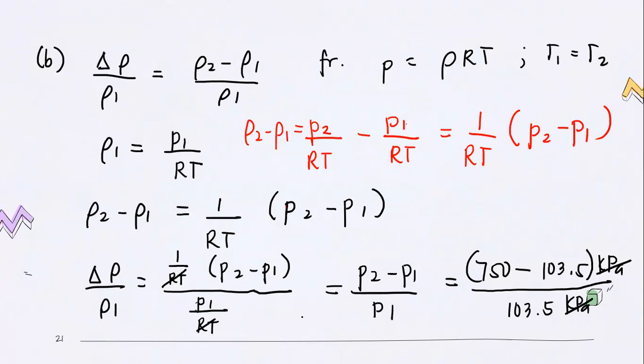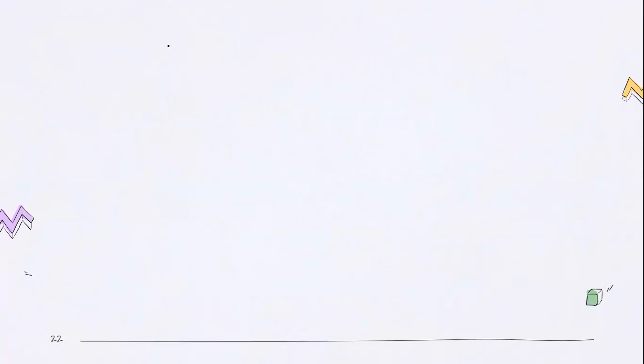Okay, therefore, times 100, this one is 6.25 times 100%. Okay. Therefore, the change in density over rho 1 is equal to 625%.